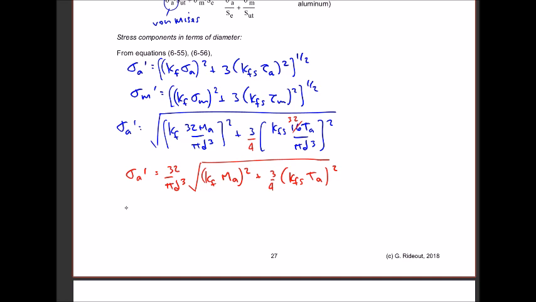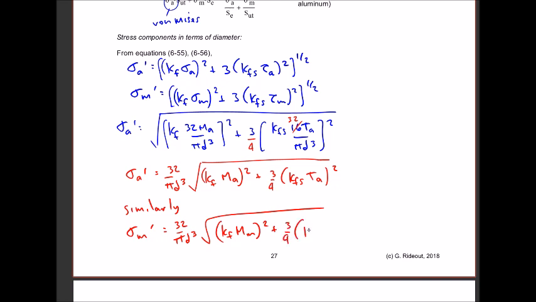And then similarly, just changing the subscripts, I'll get an expression for sigma m prime. It'll have the same 32 over pi d cubed on the outside, and then I'll have KF times the mean bending moment squared plus 3/4 of KFS times the mean torque all squared.